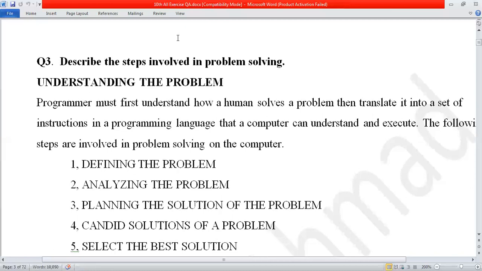The programmer must first understand how a human solves a problem, then translate it into a set of instructions in a programming language. It means that before making your computer program for an organization, you must know about that organization. Why? Because I only know the code.